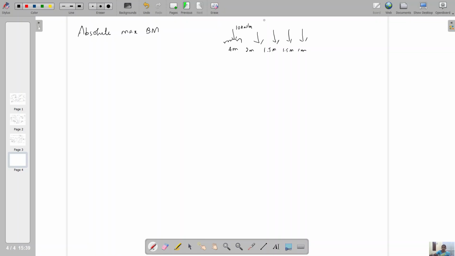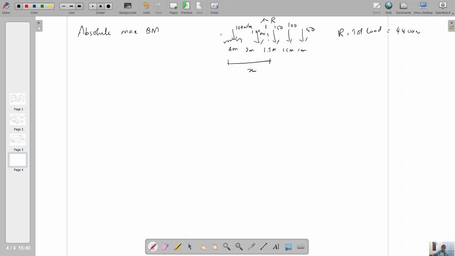We can assume the resultant anywhere in between this span, because we don't know the distance. Only thing, R is equal to the total load. We know the total load equal to 440 kilonewton. So I'm going to mention 50, 100, 150 and 100 kilonewton.